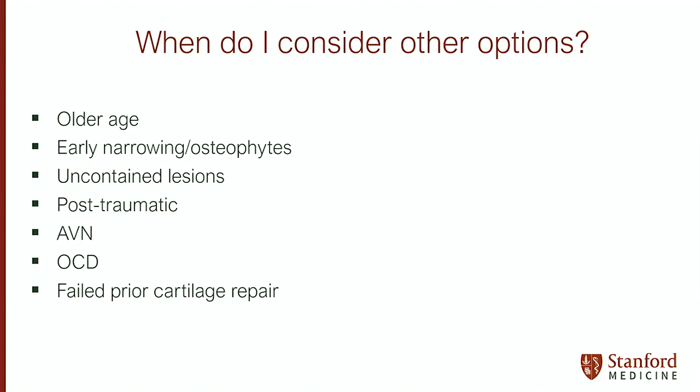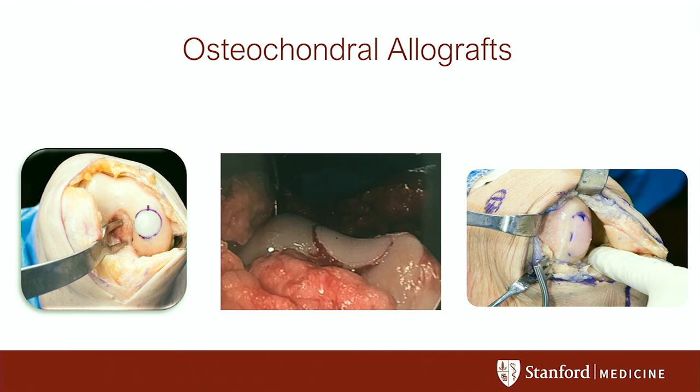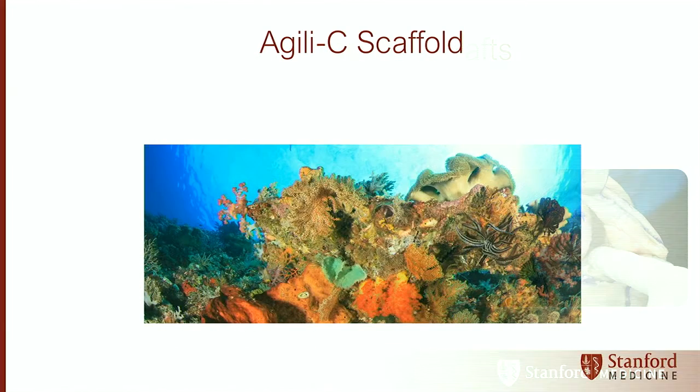Older age, early narrowing, osteophytes, uncontained lesions, post-traumatic, AVN, OCD, failed prior cartilage procedures, and then the compromised bone bed. So subchondral changes, cystic changes, prior marrow stimulation just has a 3 times higher failure rate for cell-based repairs, and intralesional osteophytes can be a big problem. And so that's where I pivot and more go towards osteochondral allografts in my practice.